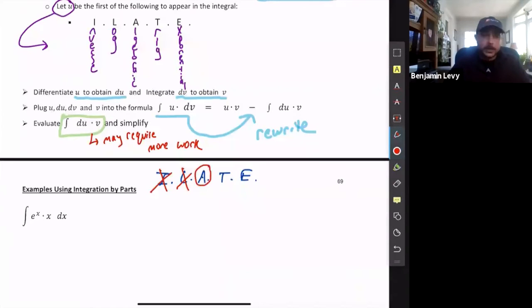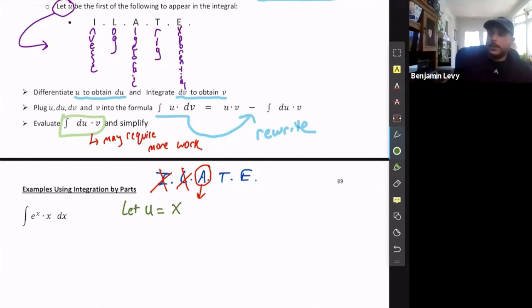Yeah, and algebraic, as I mentioned before, usually means polynomial. So that's the thing we're going to choose for u. We're going to let u equal the algebraic thing in here, which is x. How's that look? It's definitely not the exponential, because the exponential is the e, and that's way on the end. So we got to algebraic first.